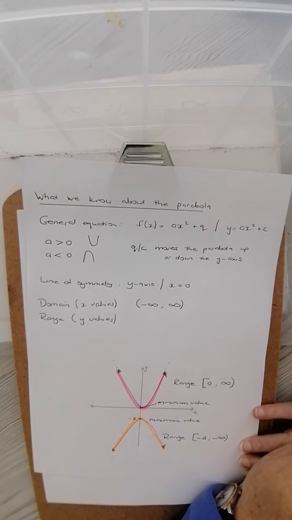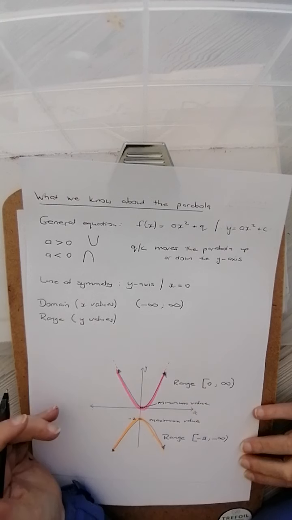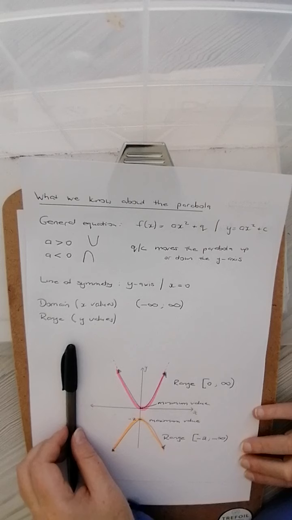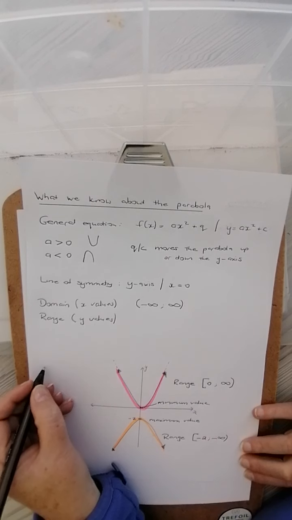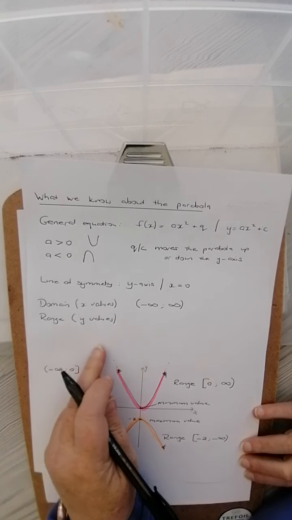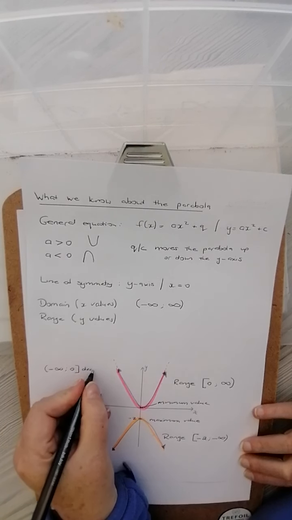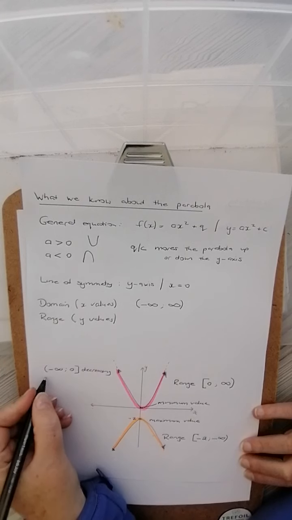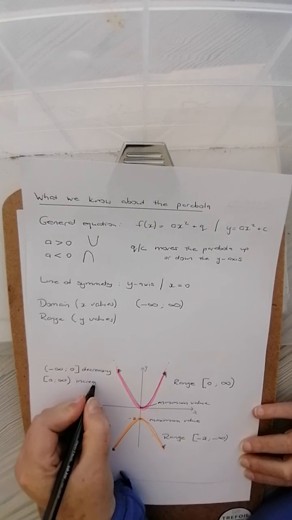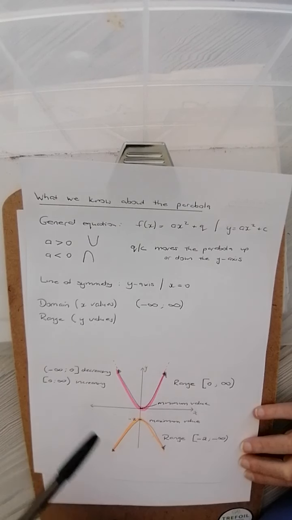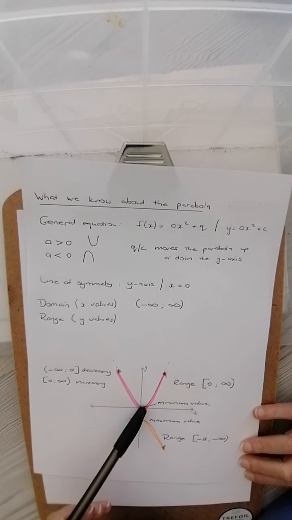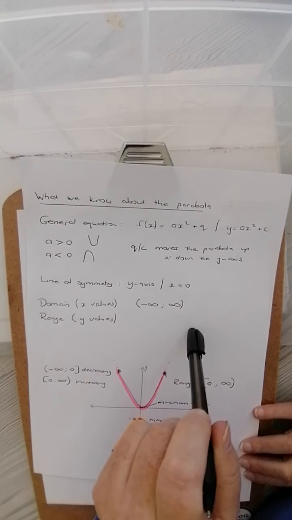And then also, from -infinity to 0, the graph is decreasing, and from 0 to +infinity, the graph is increasing. Do you see that? From there to there the graph is decreasing, and from there to there the graph is increasing.